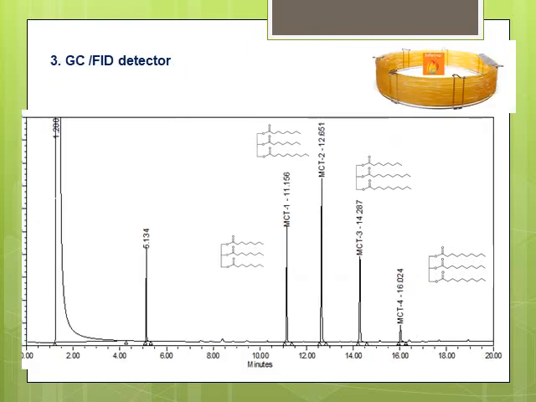The last technique is the GC with the flame ionization detector. The extracting solvent in this case is hexane or heptane, and it is direct injection method.